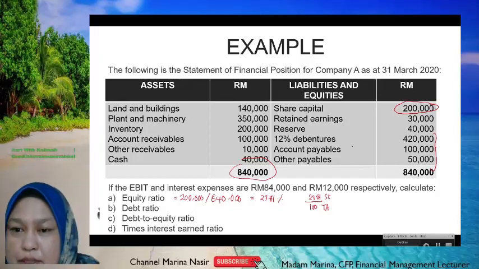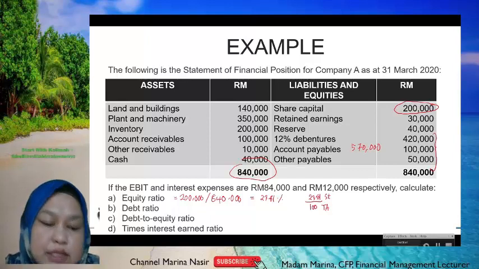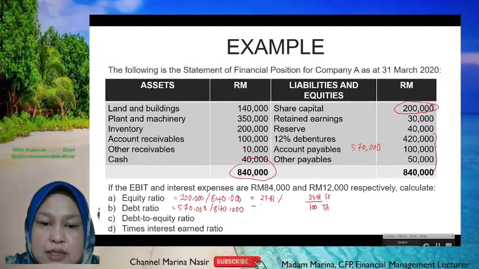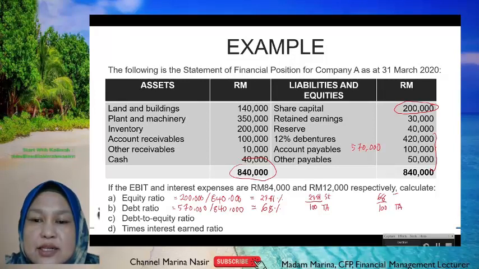Our total liability is 570,000. So 570,000 divided by total asset 840,000, the answer is 68%. 100 is total asset and 68 is total liability.